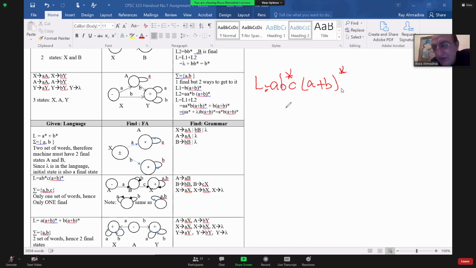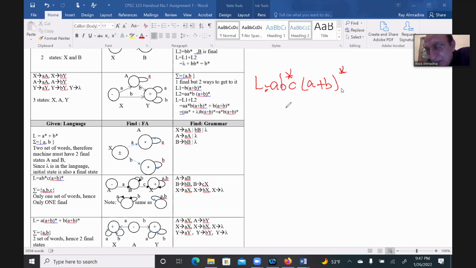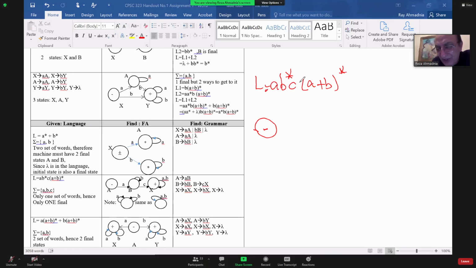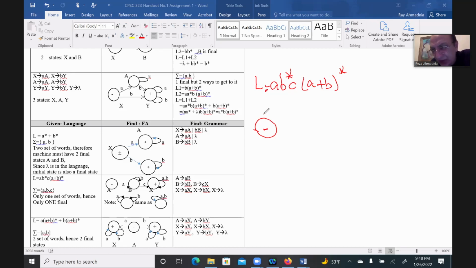Okay, first I find the FA. So start from here. Is the initial state final? No, lambda is not in the language, because any word in this language must have an A and must have a C. So the initial state is not final. Right?